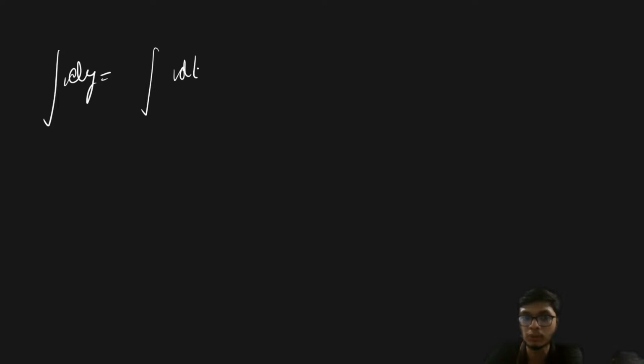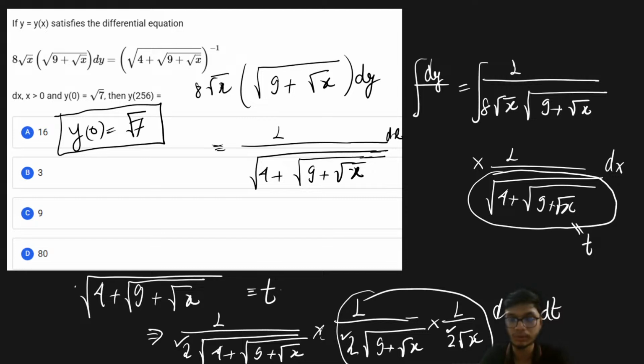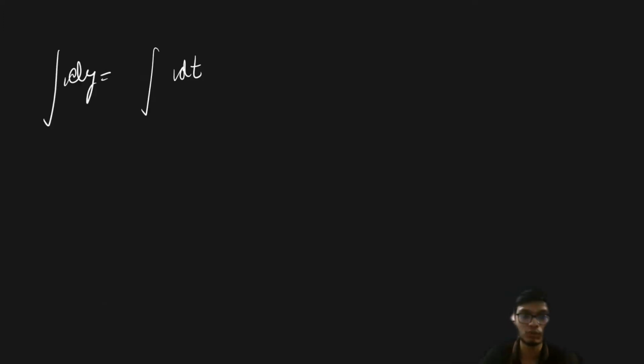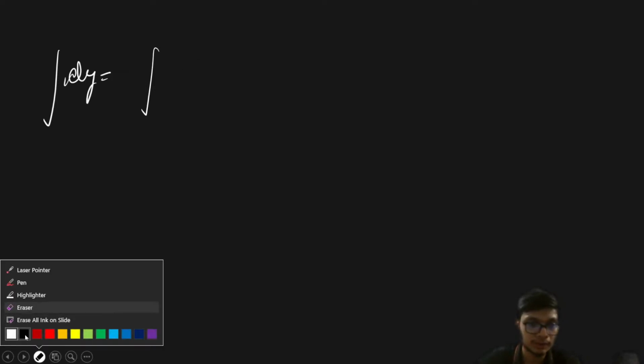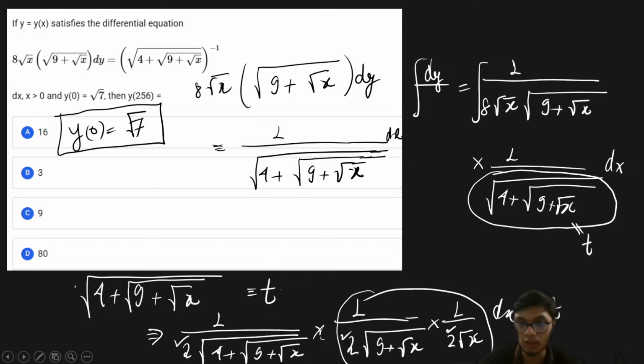What is more interesting is that once you assume this particular thing as t, the result is very simple: integration of dy is simply integration of dt. Let me just recheck.